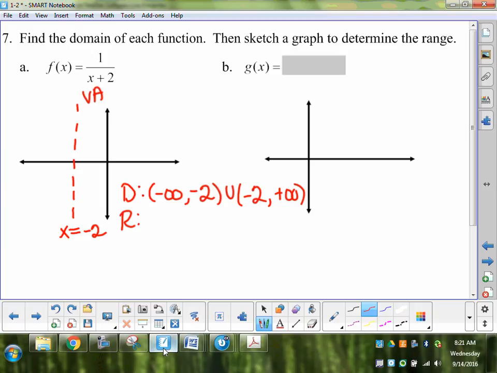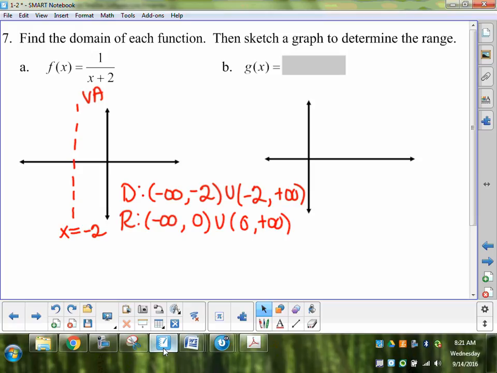Vicky S., do you know what your range is going to be? Would it be negative infinity, 0? And then 0. Go through, please, and answer out question G right now on your own.